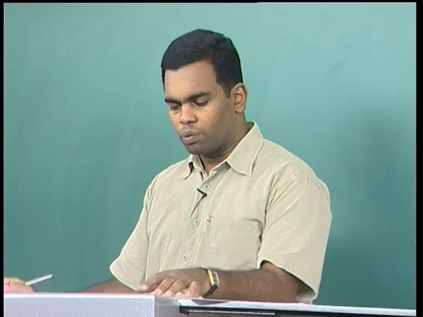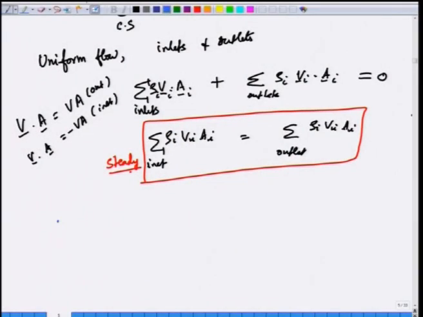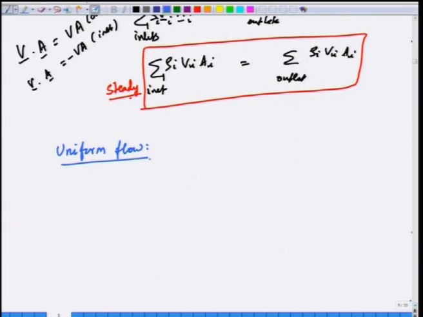Now, I told you a thing about the uniform flow approximation. We will come to this a little later when we do differential balances, but let me just tell you what will happen in reality. Suppose you have a flow in the x direction in a rectangular channel that is extending in the z direction, coming out of the board.